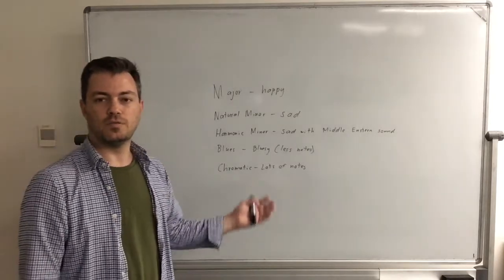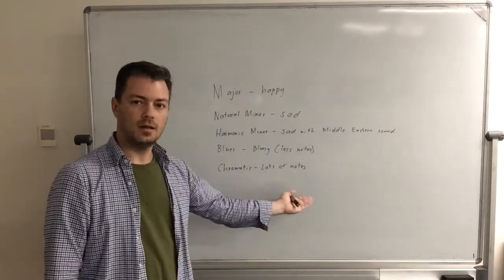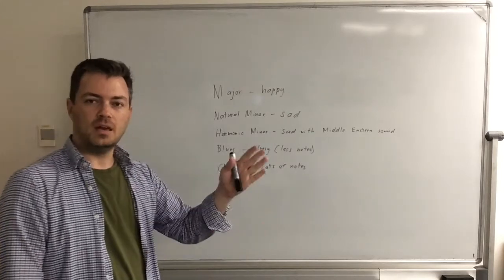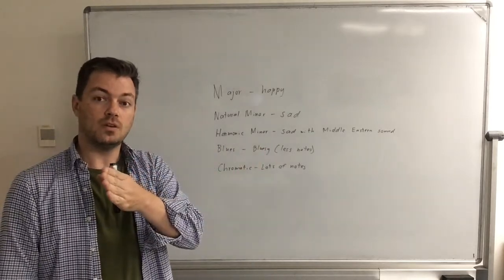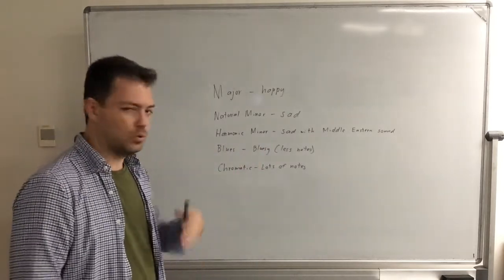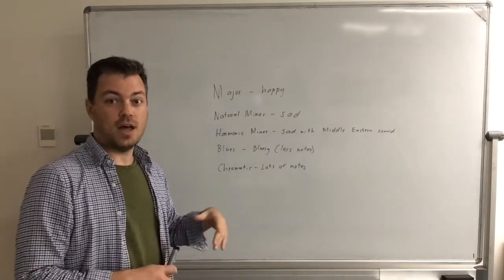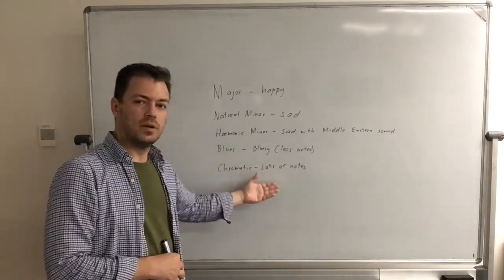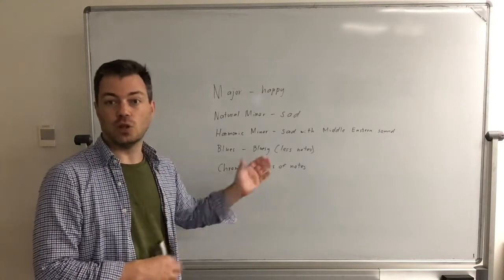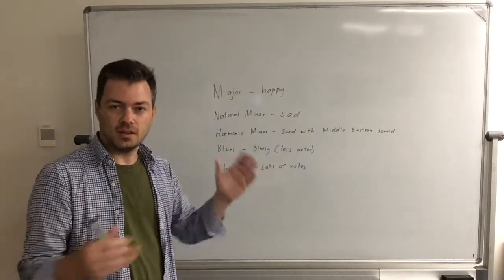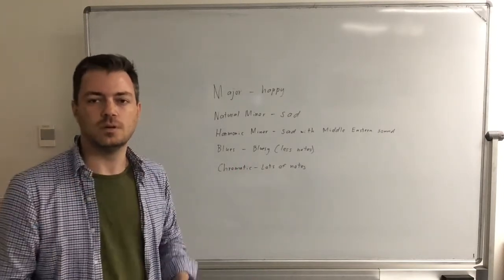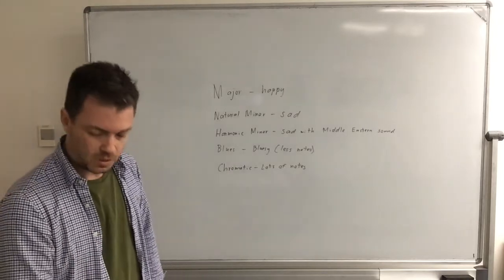Cool, and that brings us to our final scale, the chromatic scale. Now, a chromatic scale is where you play every single semitone within an octave. Okay, so it's all the sharps and flats. So therefore it has a lot of notes in it. This one's a really easy one to tell because it's a much longer scale than all the others, and you can hear all those semitones being played. Let's have a listen. The chromatic scale.